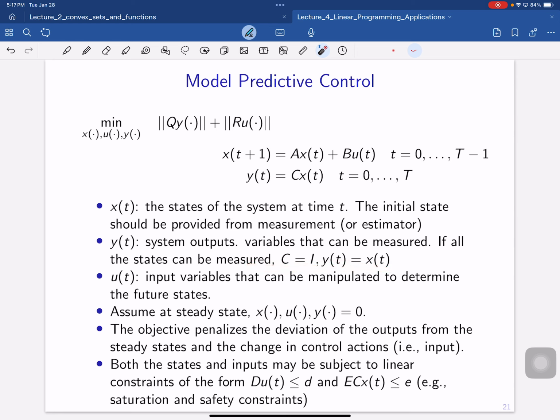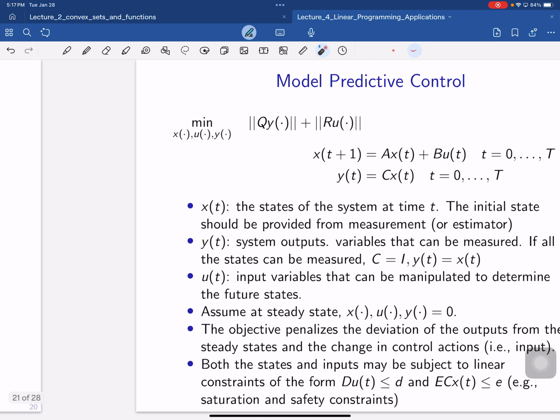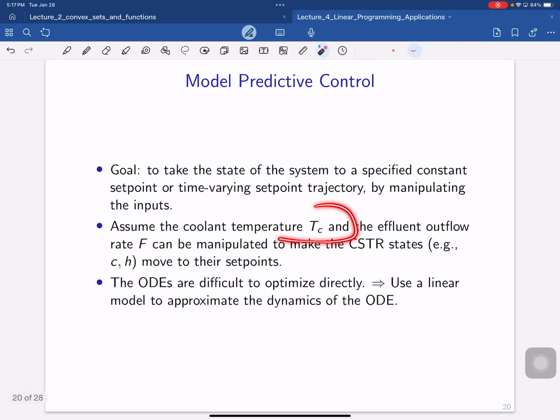Typically you can assume that, but let's assume your system is not fully measured. Your y_t might be a subset of x_t. And u_t are the input variables that can be manipulated to determine the future state. In this case, the coolant temperature T_c and the flow. Those are the variables that can be manipulated.